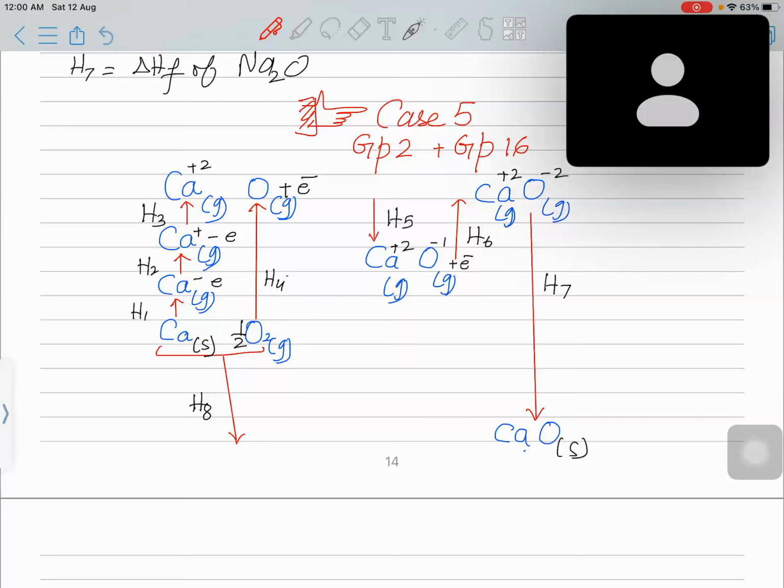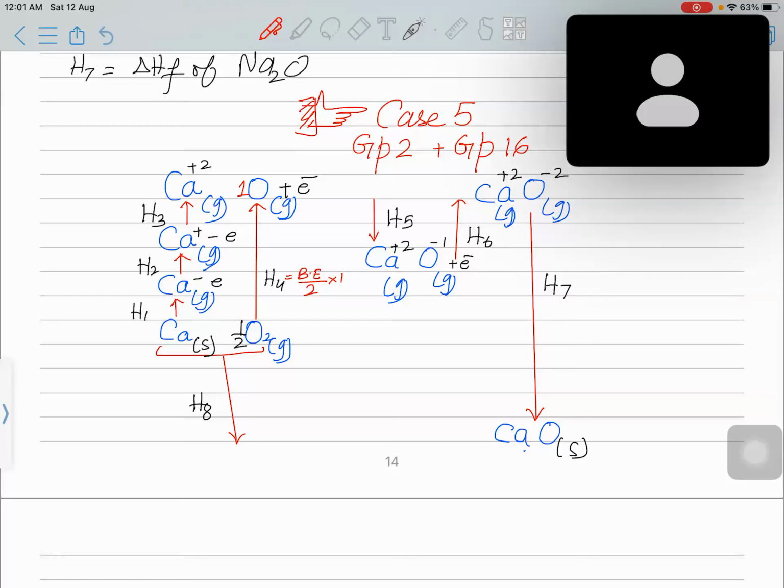Formula for H4: bond energy upon 2 into half into 1. Okay. What is H5? H5 is first electron affinity of oxygen.